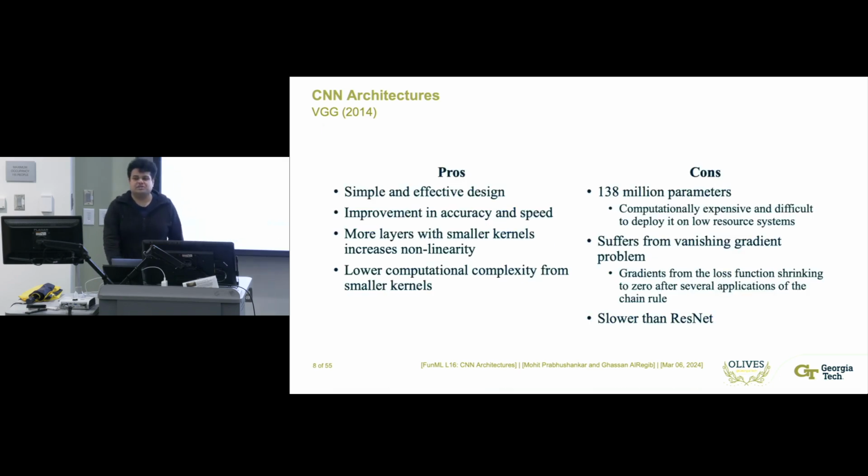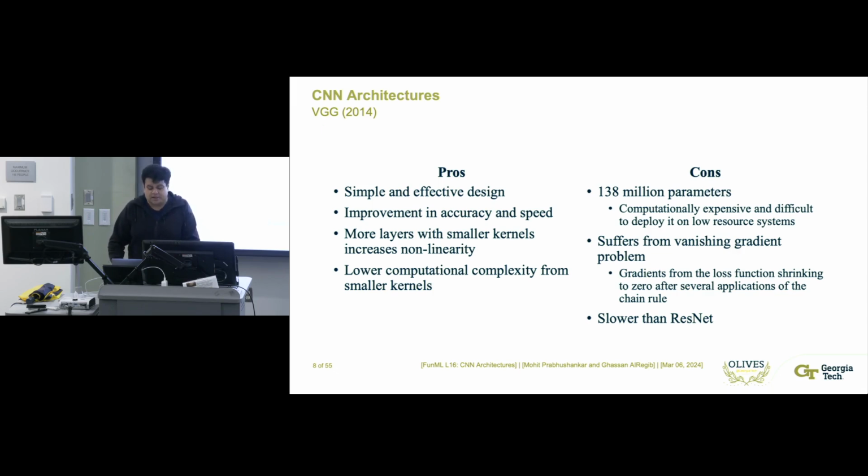So the pros of VGG architectures is, of course, that it's a simple design. It's simpler than AlexNet in terms of the size of the convolution kernels that is being used. Of course, there's an improvement in accuracy and more layers with smaller kernels. It increases the non-linearity. As I mentioned, we have 3 convolution kernels stacked one on top of the other, and there's always a nonlinearity and activation function between these kernels.